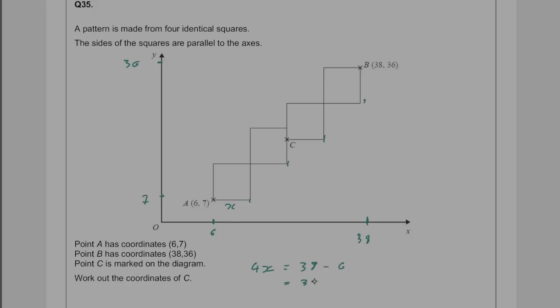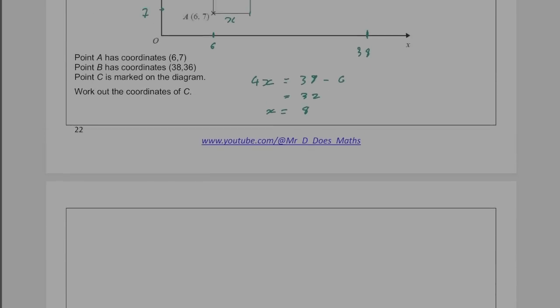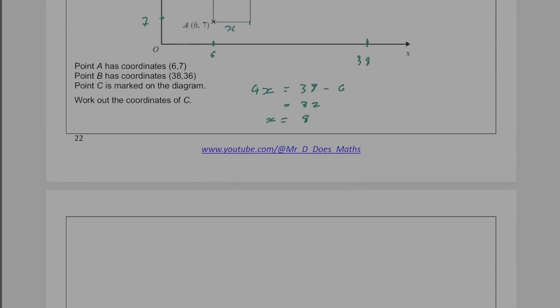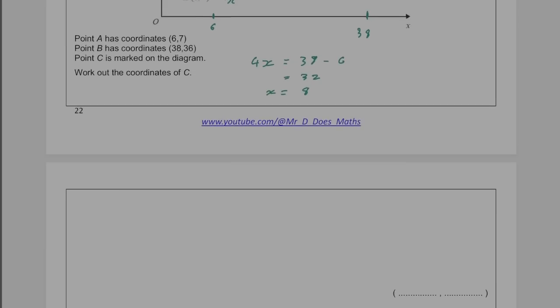So that would be 32, which would mean that x must be equal to 8. So each of these lengths is going to be 8. So C is going to be equal to, if we look at the x coordinate first of all, it's going to be equal to 6 plus 2 lots of x, which is going to be 6 plus 16, so that would be 22.